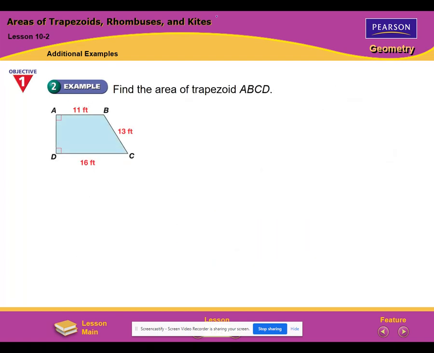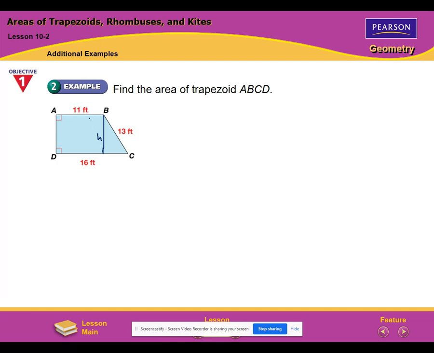Here you have a trapezoid, also a little bit more of a challenge in that you are not given the height. The height would be this line segment. You could draw down there and we'll call that H. The reason I would do that is because now I've created a triangle and also a rectangle here.